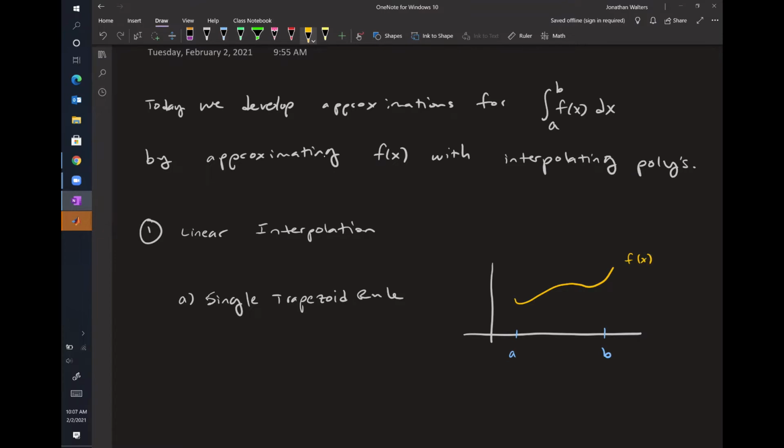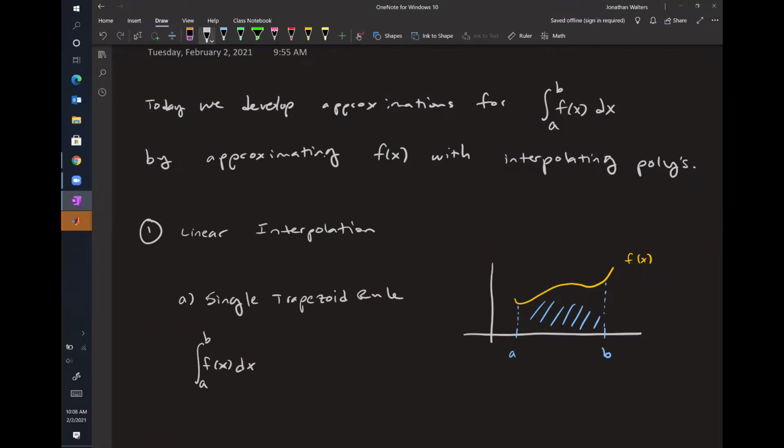And I want to integrate this function over the interval a, b. Okay. So we want to compute the integral from a to b of f of x dx. That's what we're after today. Integral over some interval of f of x dx.